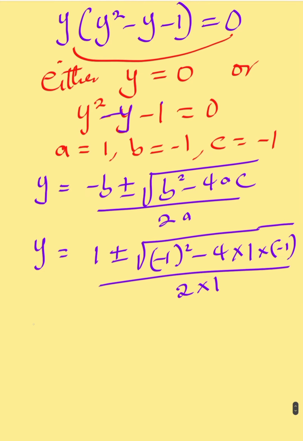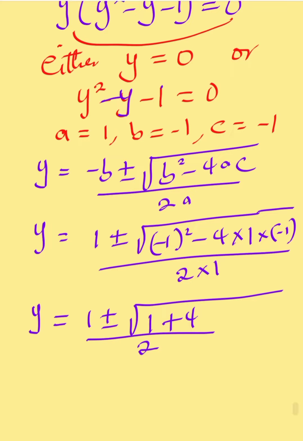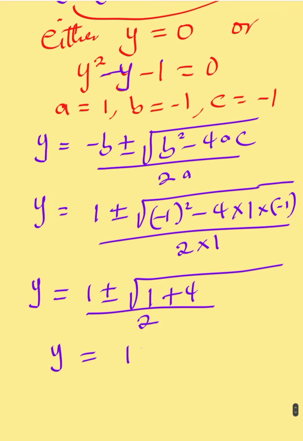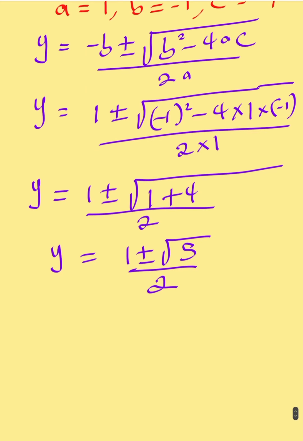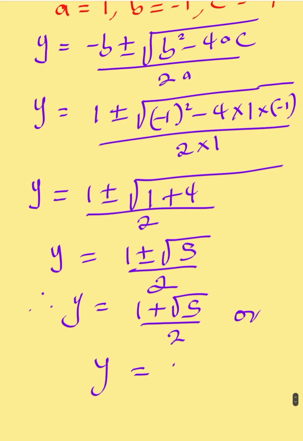Simplifying further, we'll have that y is equal to 1 plus or minus square root of negative 1 squared is 1, minus 4 times minus 1 is plus 4, all over 2. So here y is equal to 1 plus or minus square root of 5 all over 2. So you can now see that y can either be equal to 1 plus root 5 over 2, or y is 1 minus root 5 all over 2.